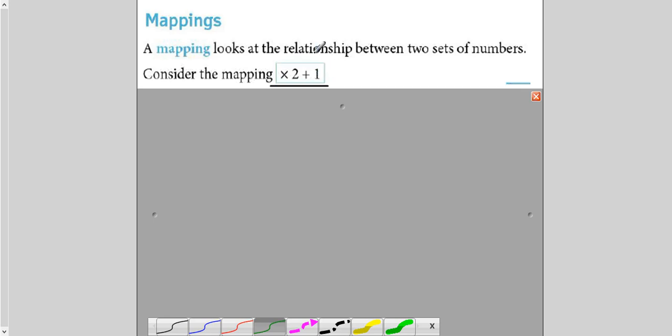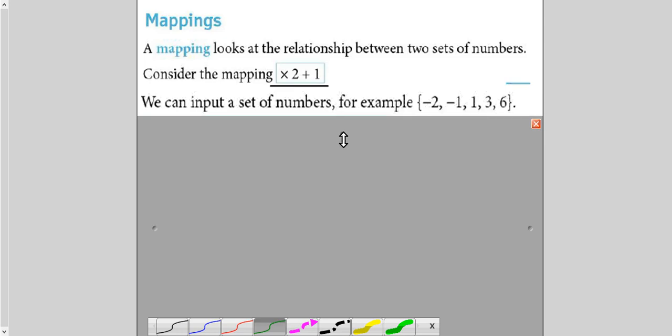So this is the relation between the input and the output. If these are my input values, and this operation is applied on them, then what will be the output?